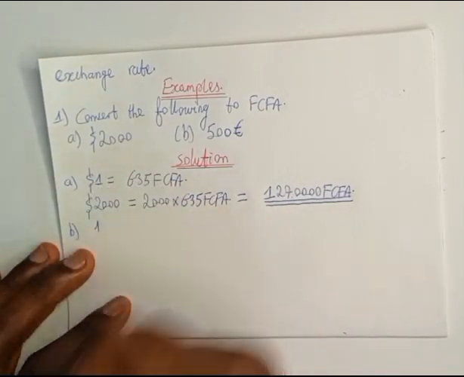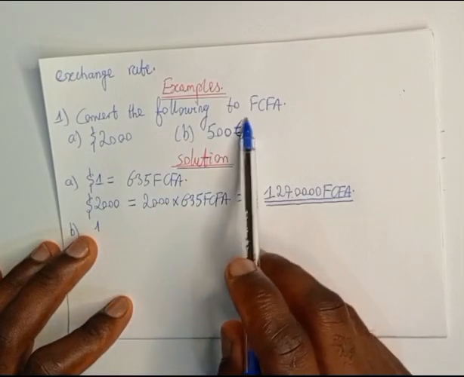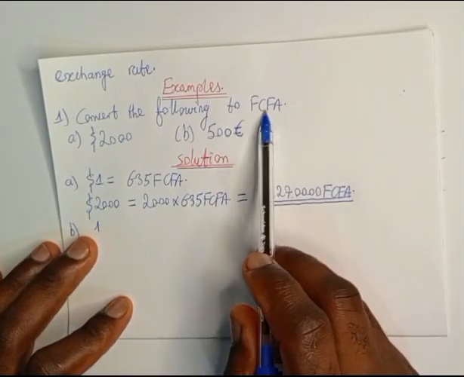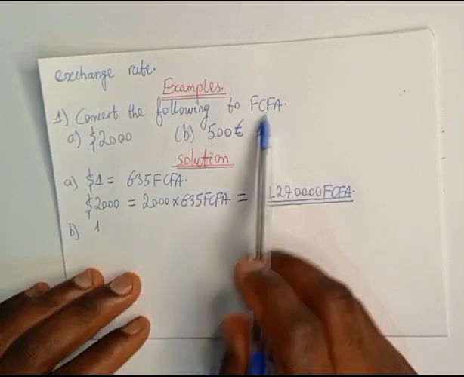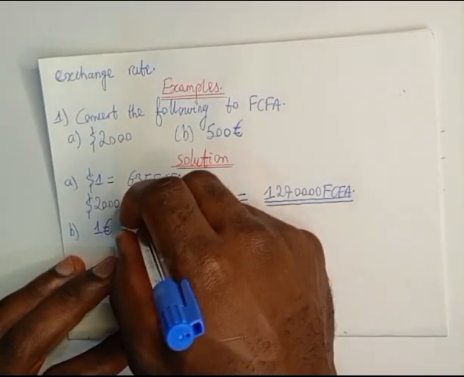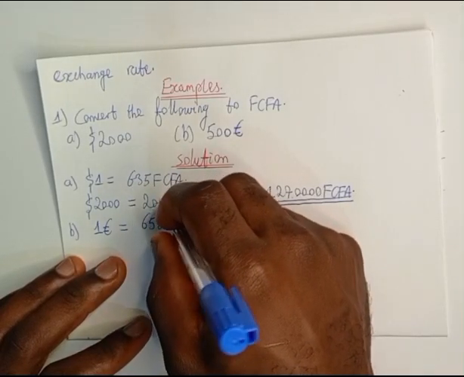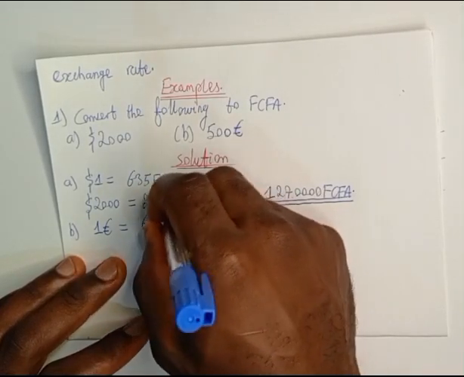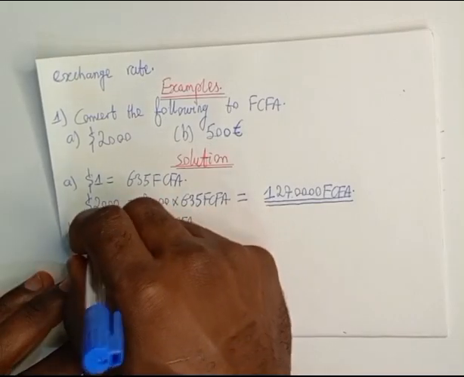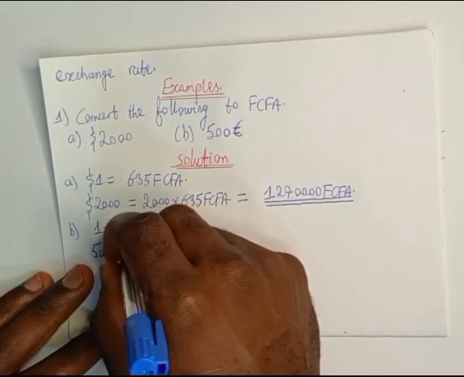We go to B. For B, we are to convert 500 euros to francs CFA. Comparing euro and francs CFA, euro is a higher currency. 1 euro is approximately 656 francs CFA. 500 euros in francs CFA will be much.